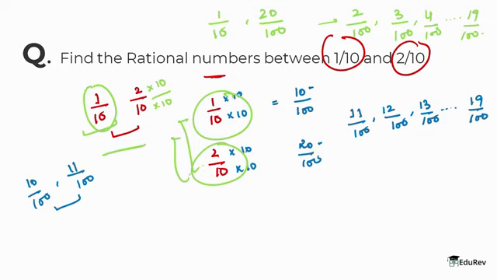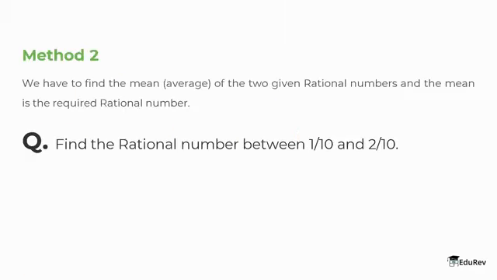Now let's understand what technique 2 is. When I talk about technique 2, we need to find the mean, that is the average, of the two given rational numbers, and the mean is the required rational number. In the first case we multiplied the numerator and denominator with a number, and then found rational numbers between the pair of numbers.